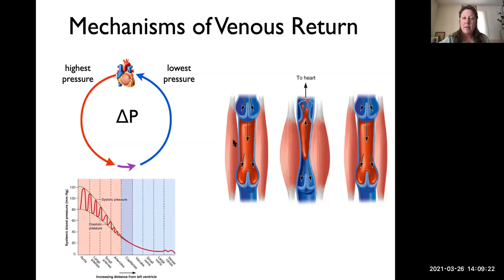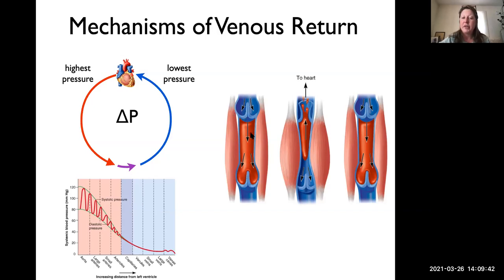One mechanism that's very important for getting blood to return to the heart is called the skeletal muscle pump. And that's what we see here. So this is an image of, let's say, a vein in someone's calf.